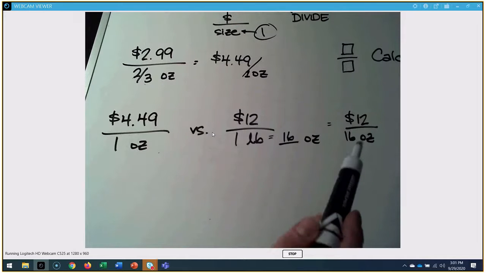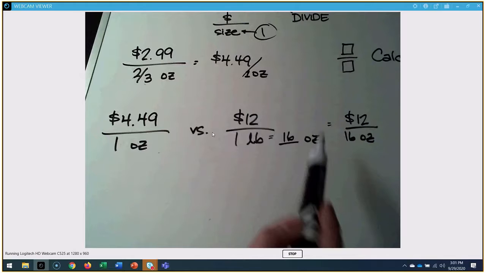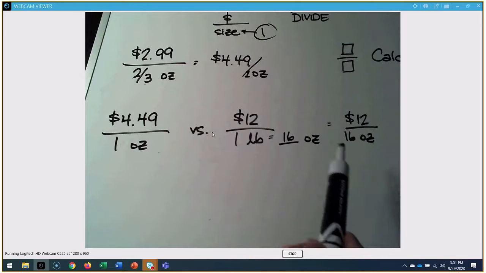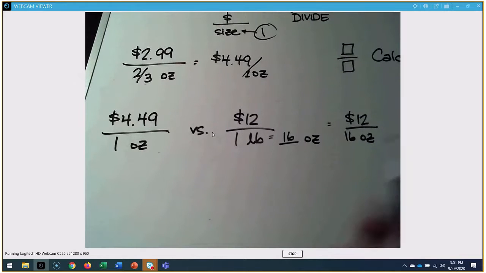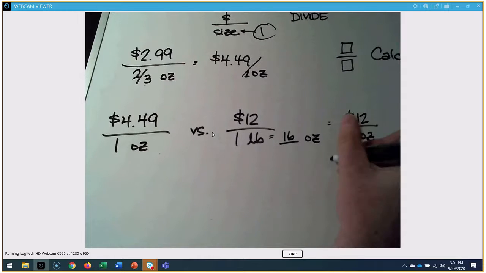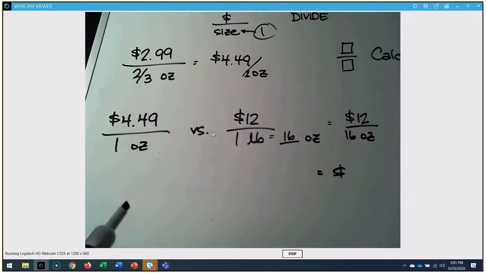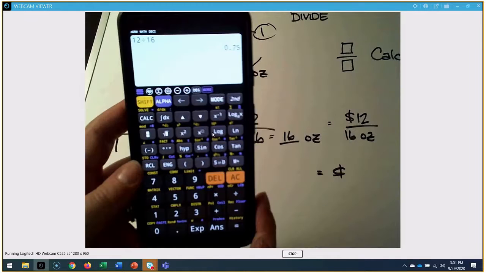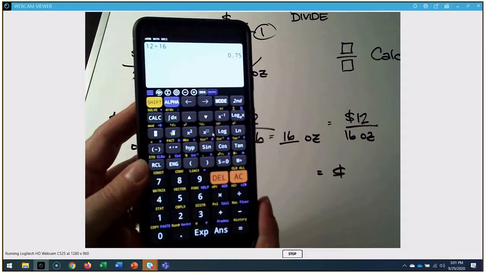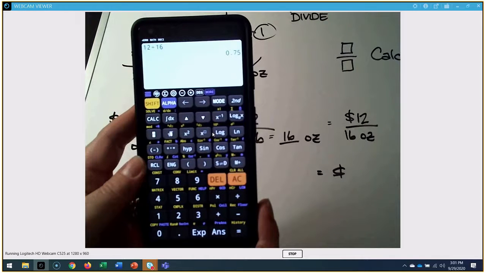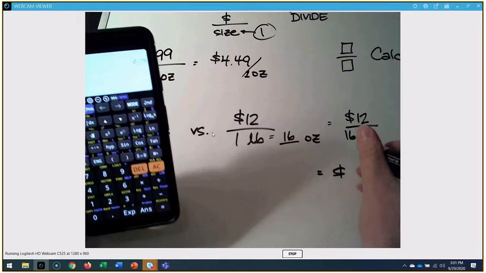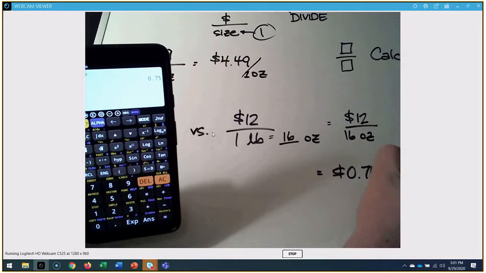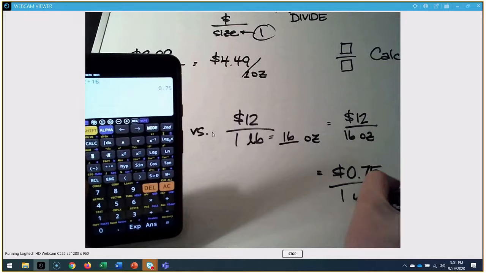Still a little bit hard to compare because now I changed this and this is no longer a unit price. So if I divide it again, I can get it to a unit price. So I'll do 12 divided by 16, which is 0.75, which means it's 75 cents per ounce.